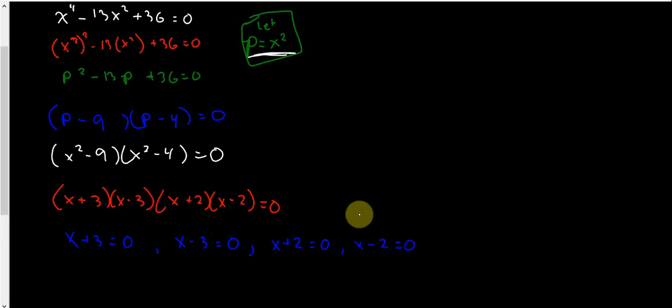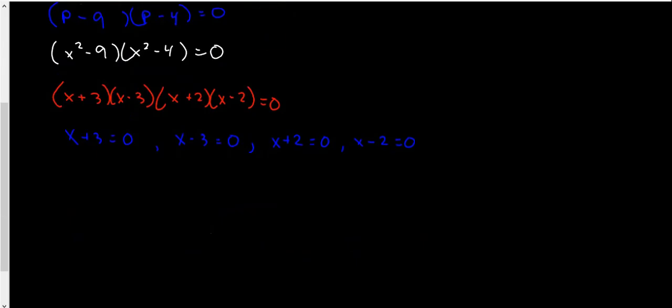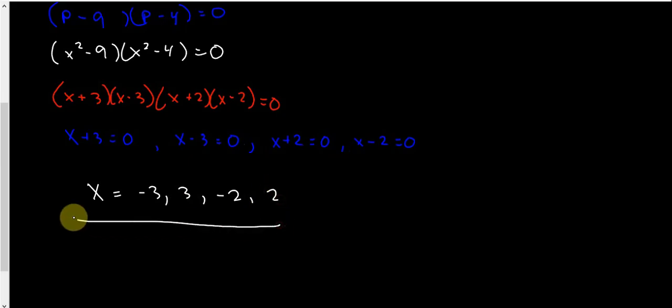Hopefully you can solve these in your head. If you take the time, you subtract the 3 over and get x equals negative 3. Here you add the 3 over, you get positive 3. Here you subtract the 2 over and get negative 2. Here you add the 2 over and get positive 2. And so I got 4 solutions for this one. If you go back to the original and plug these in, these should all work.